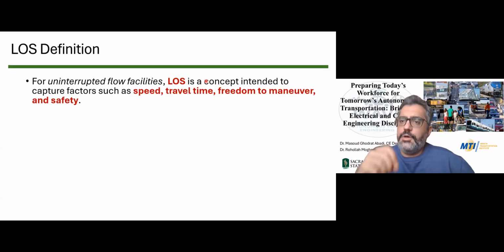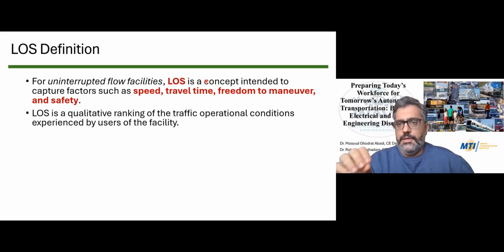When we talk about uninterrupted facilities, your driving experience goes back to your freedom to maneuver, to how easily you can pick your speed. Is my speed limited to the vehicle in front of me, or do I have all the freedom to pick my speed? Yes, there is a speed limit, and there could be some physical constraints like the geometric design, but am I free to choose my lane or my speed?